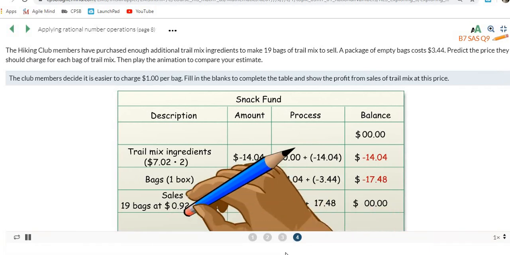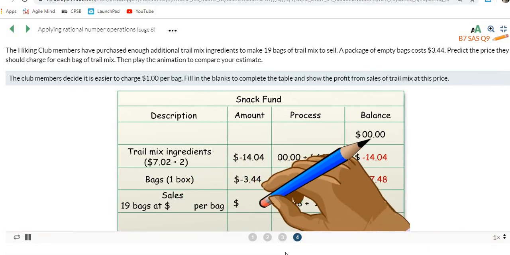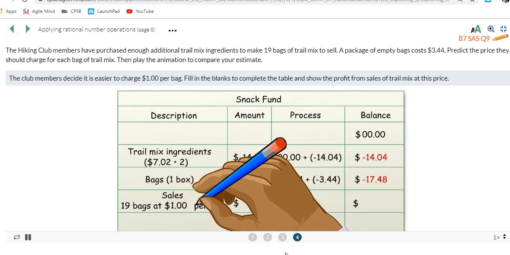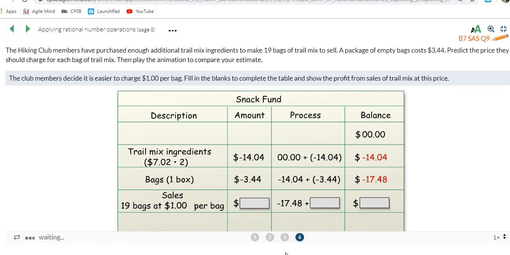So if I charged $1, how much profit would I have here? Or how much would I make? If I sold 19 bags at $1, how much money did I receive? $19.